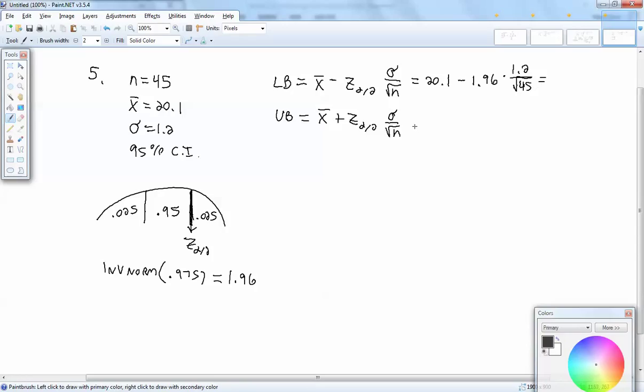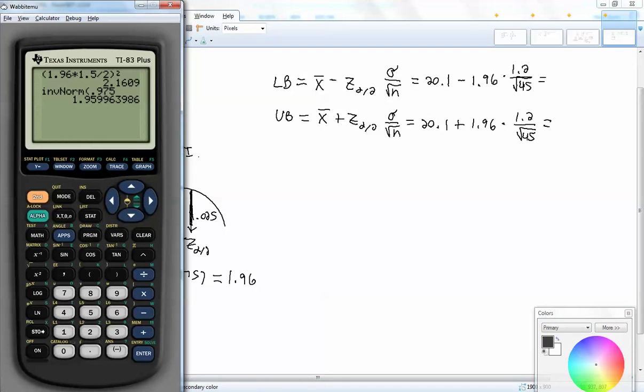And the upper bound will be 20.1 plus 1.96 times 1.2, or sigma, divided by square root of 45. Let's plug that in and see what we get.